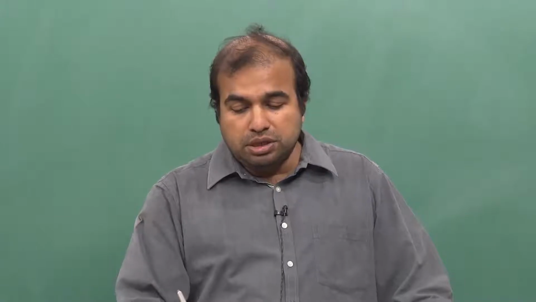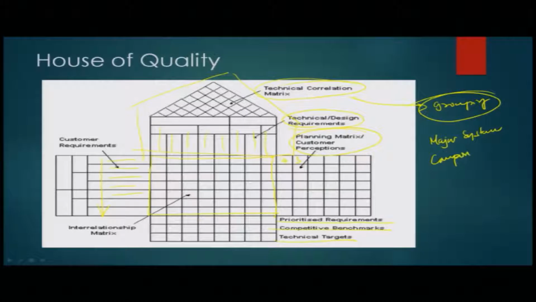And then you will understand that for each individual component, or at least for the major system components, QFD is used. Okay. So I would request you to go through that, and using the information that is provided, I think all of you will be able to understand the tool.